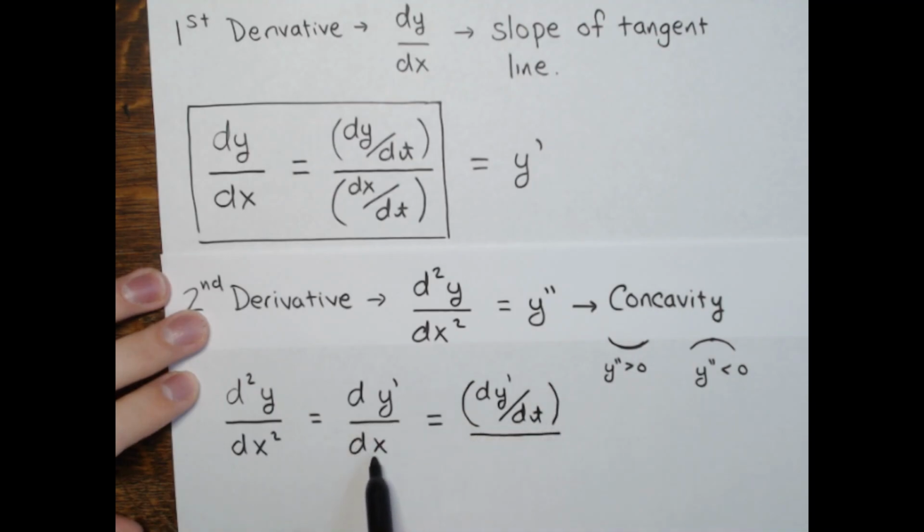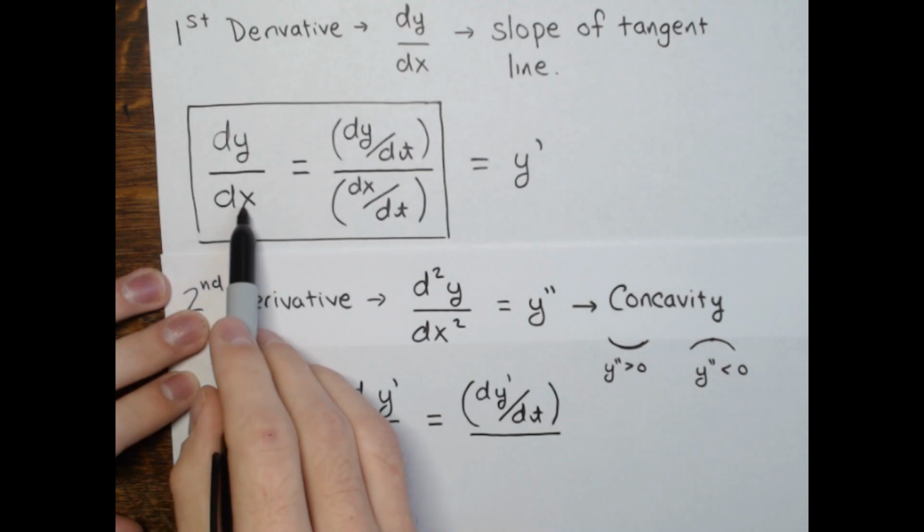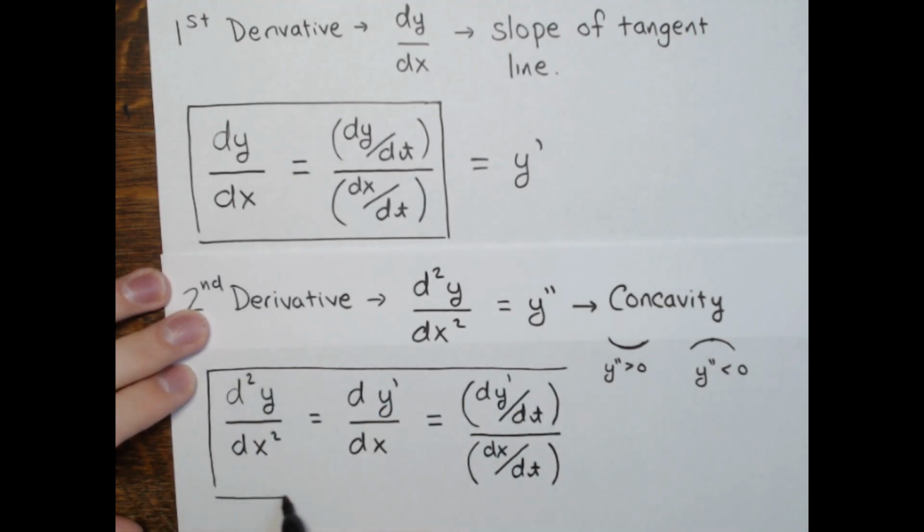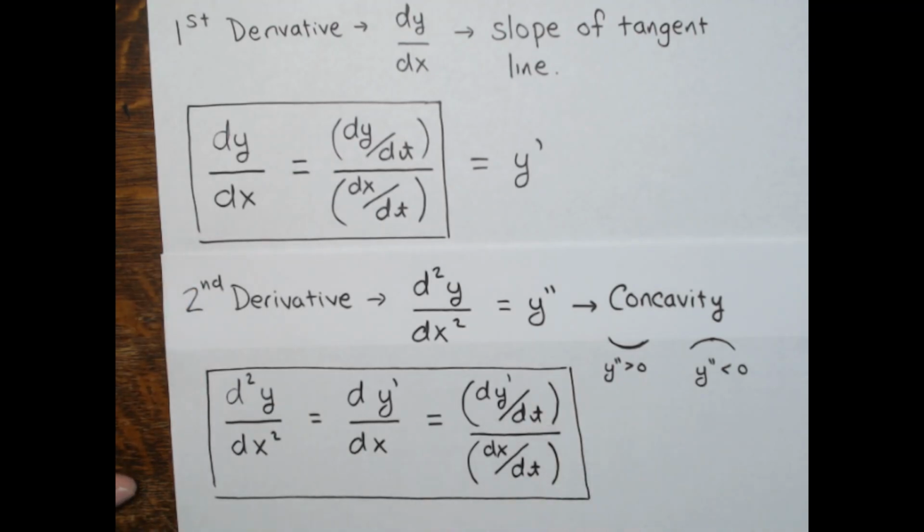And then we're over dx, and again, just like earlier, the derivative of x with respect to t in the denominator. So this here is how we're going to go about finding the second derivative and thus the concavity of a parametric curve at some value of t.